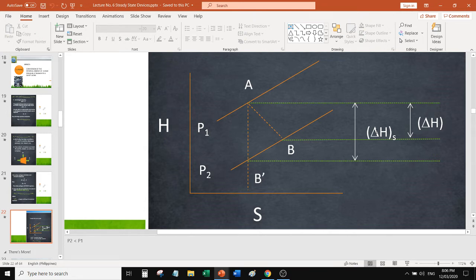For a work producing process like a turbine, the ideal delta H is higher than the actual delta H. Meaning, in the ideal isentropic scenario, the turbine produces more work compared to an actual or real life scenario.